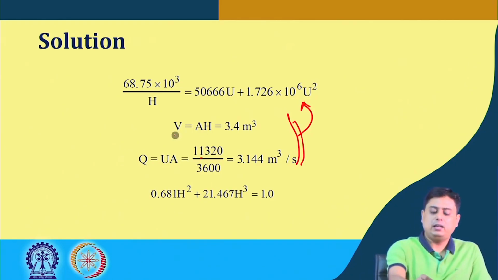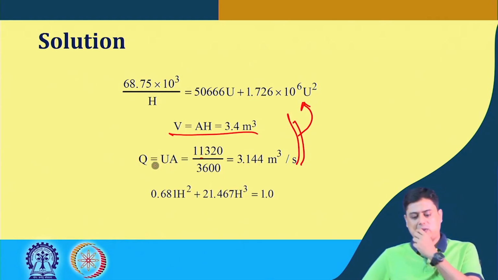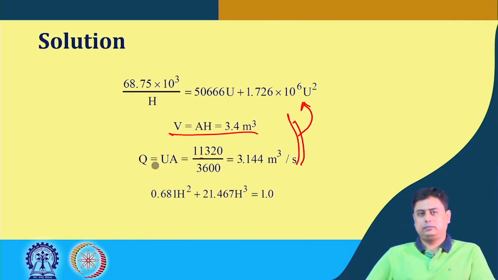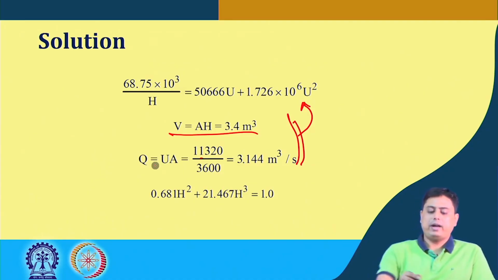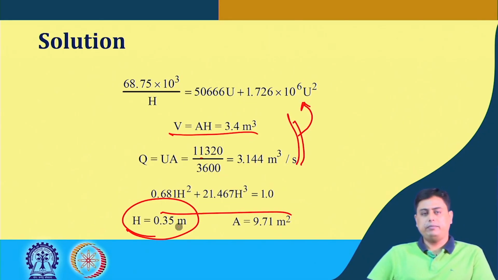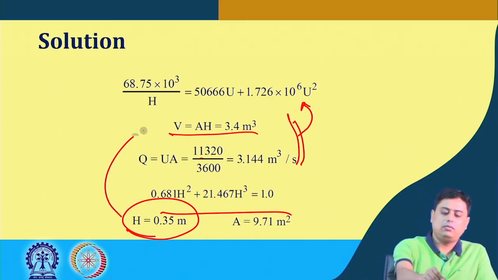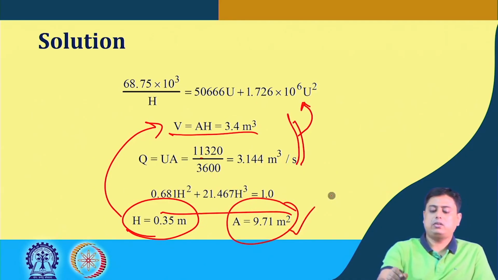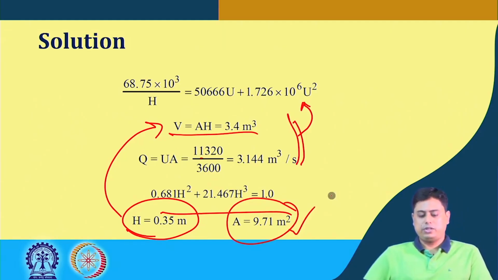Here we have a relation between A and H, and here A and U. If we replace these two in this expression, we find an expression of H. If we solve it, the logical value that we get is H as 0.35 meter, and from this relation we get A, the cross sectional measurement, as 9.71 meter square.